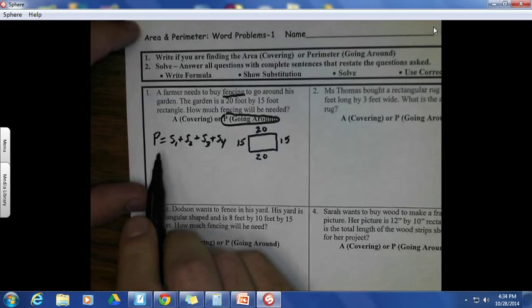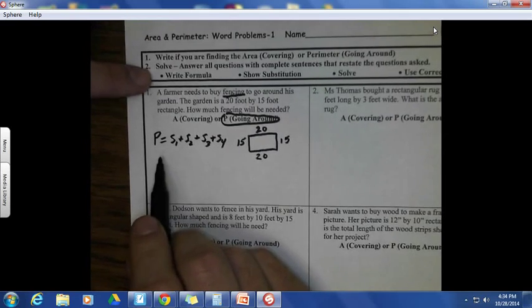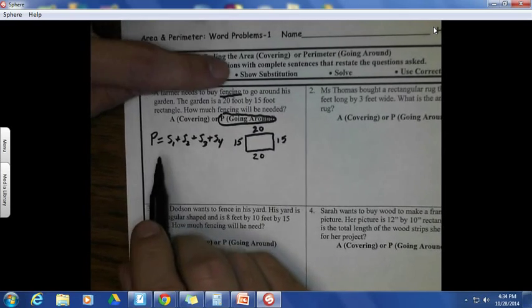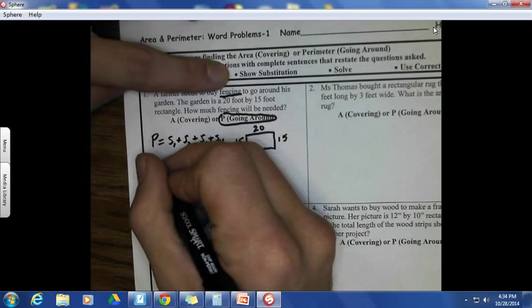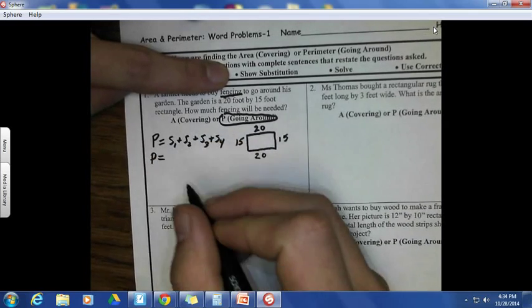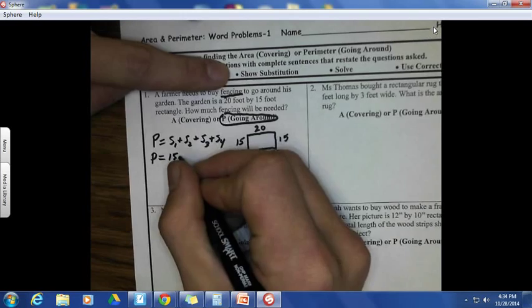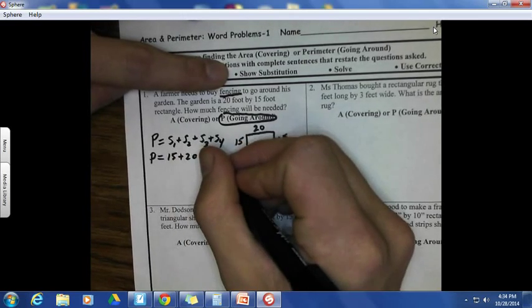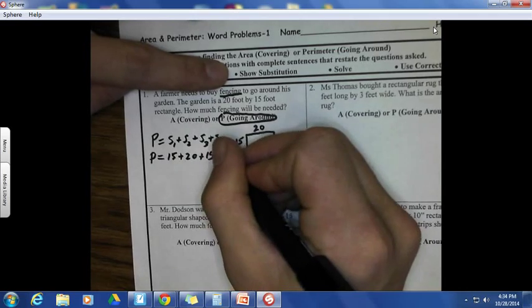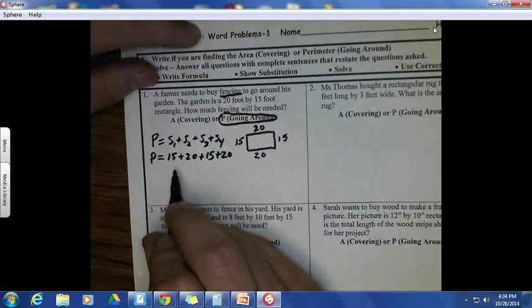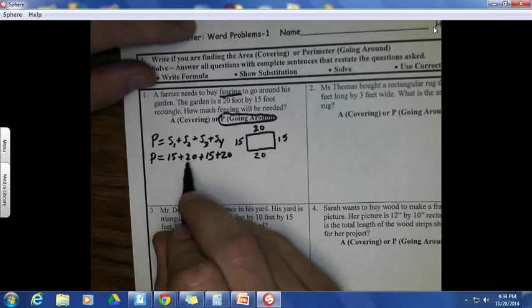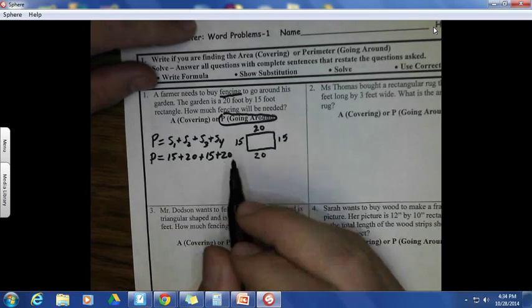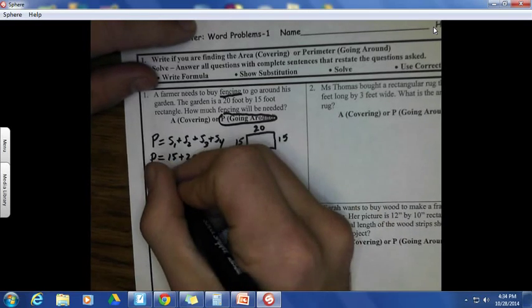Okay, so if we have our formula, that's step 1. We wrote the formula. Now we need to show our substitution. So perimeter is going to equal 15 plus 20 plus 15 plus 20. Alright, and that adds up to 20 plus 20 is 40, 15 plus 15 is 30, so that adds up to 70.